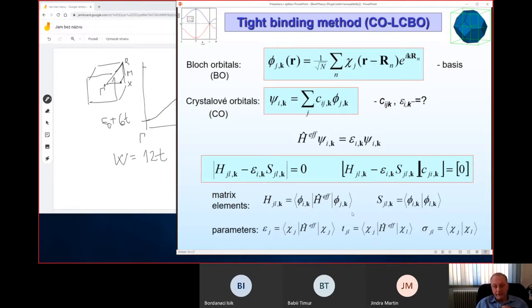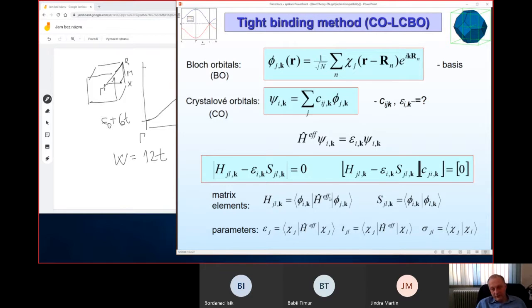And this must be done for all values of k vectors within a given Brillouin zone. So we must select a mesh of k points, and we have to solve. And these are in fact the integrals.